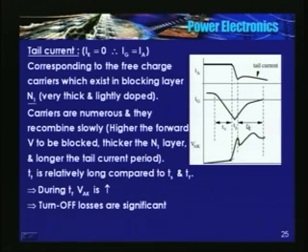Having decided on the voltage rating, the thickness of N1 layer gets decided. And the tail current depends on the thickness of N1. Is there a way out? Yes. Why did we do anode shorting? I said one of the advantages of anode shorting is to reduce the turnoff time.